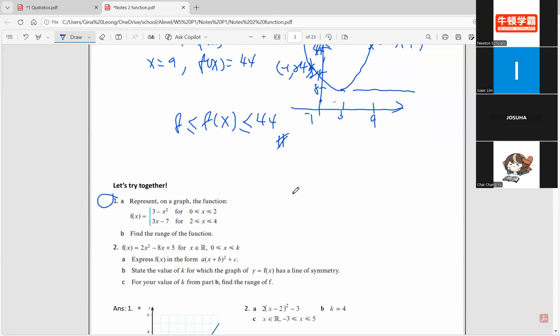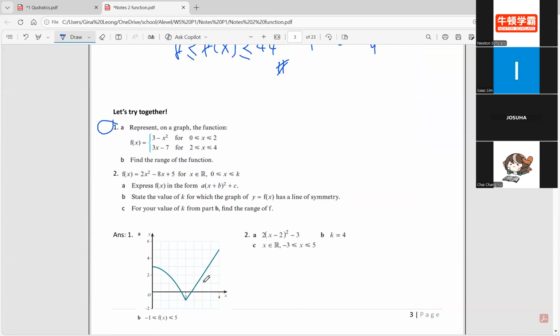Chanyi, your graph, you look at here. The graph is something like this. Your graph is okay, but the thing is, the intersection is not at 4 on your graph.